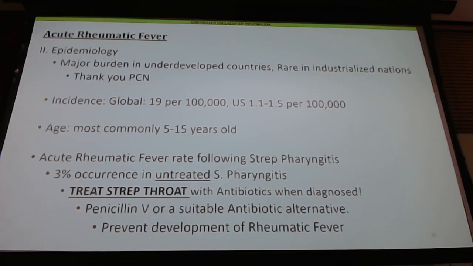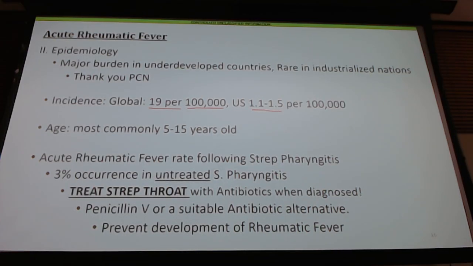You can see the incidence globally is 19 in 100,000, which, if you subtracted just the industrialized nations, would be so much higher, because in the US our rheumatic fever incidence is 1.1 to 1.5 per 100,000.